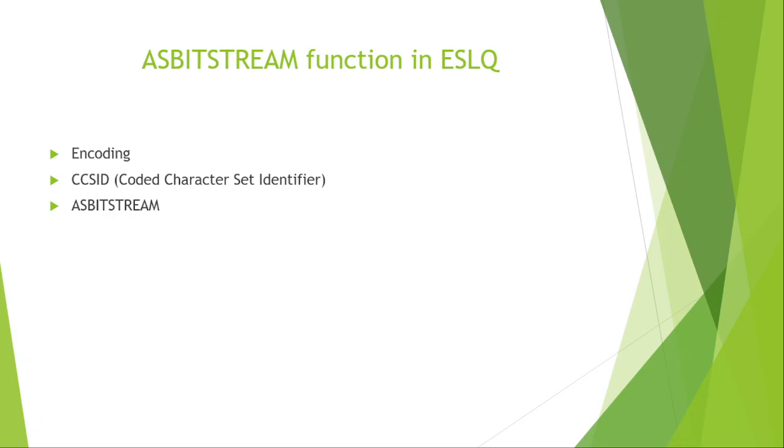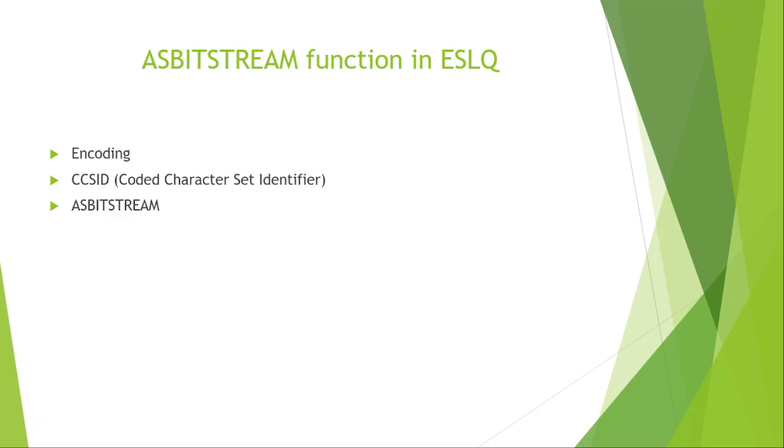After that we will learn what CCSID is and why it is important. Then we will understand the difference between binary data and hexadecimal data. And at last we will understand the use of the ASBITSTREAM function in ESQL and why it is so important.